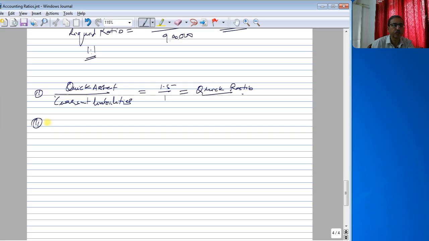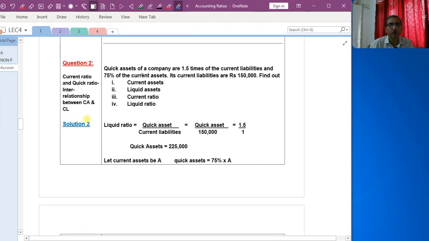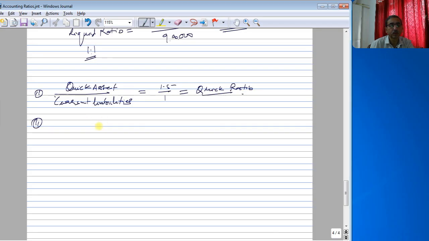The second information given is that quick assets are 75% of current assets. We can write this as quick assets are 75% of current assets.